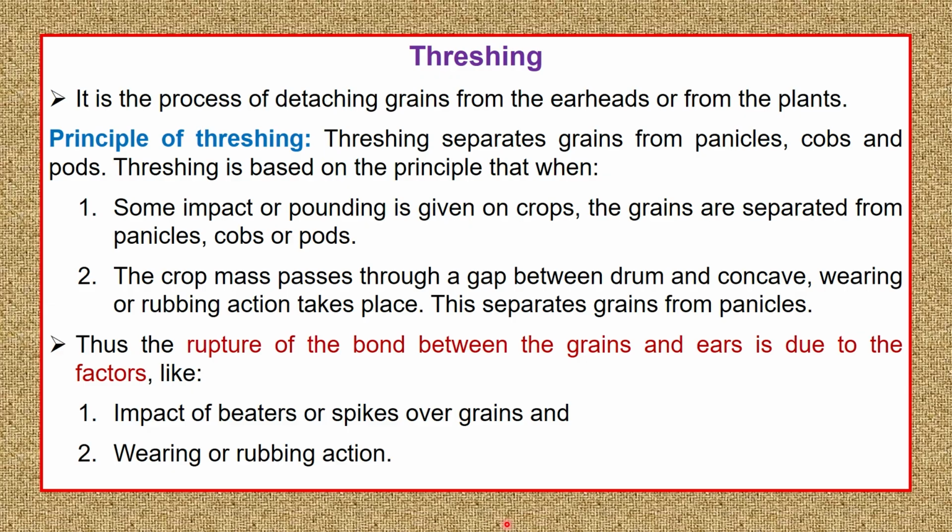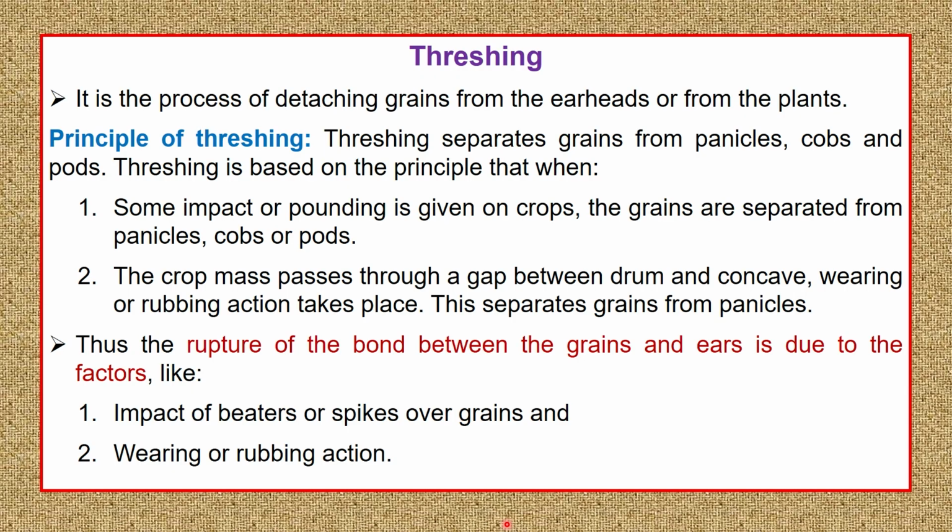The rupture of the bonding between the grains and their panicle, the ear head or the cobs depends upon various factors. The most important factors are the impact of a beater or spike over the grains, and another one is wearing or rubbing action.